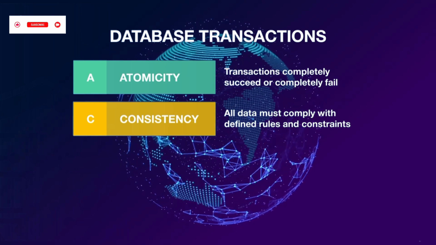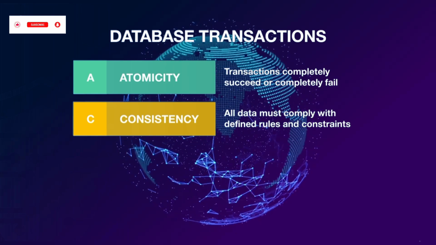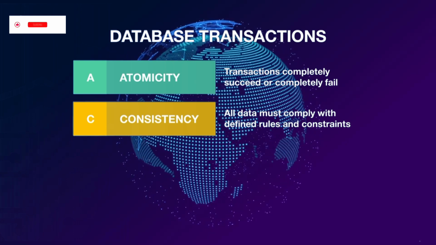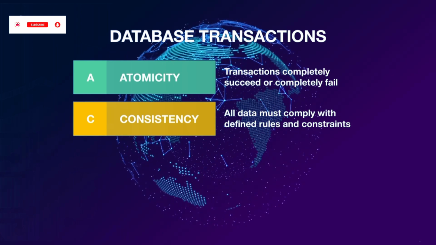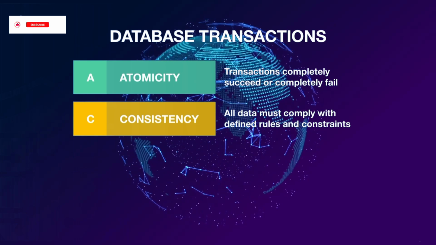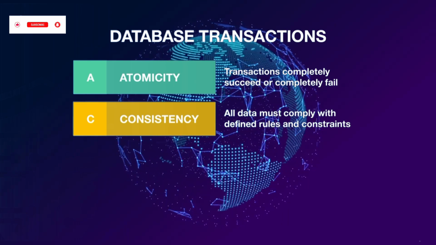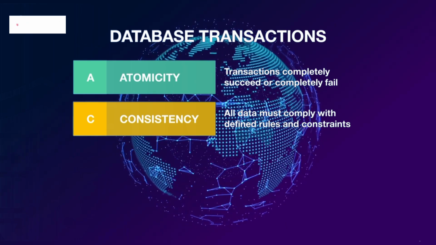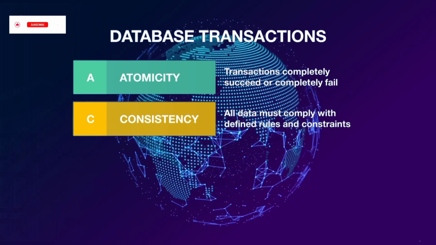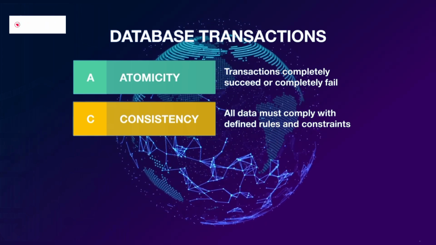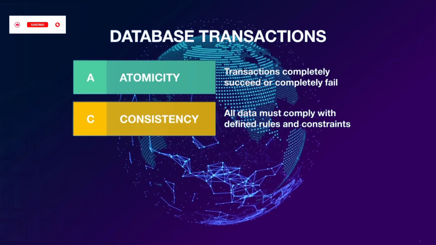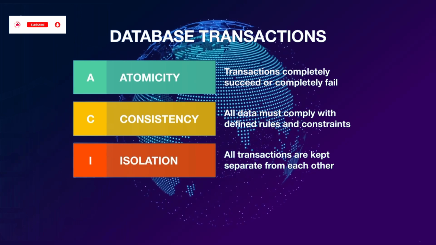And consistency will help protect against things like lost update. That occurs when two different transactions are happening at the same time, and one transaction will step on top of the other, overriding the other, meaning one transaction gets lost and the other transaction is stored, and we don't know which of these is correct. So the consistency will help with that, as well as isolation.